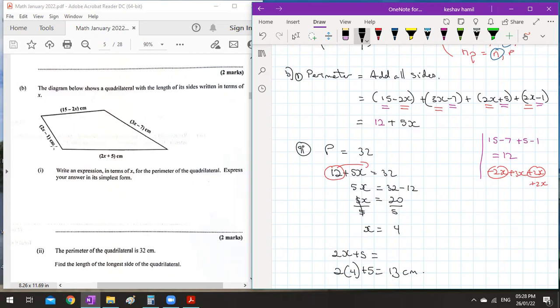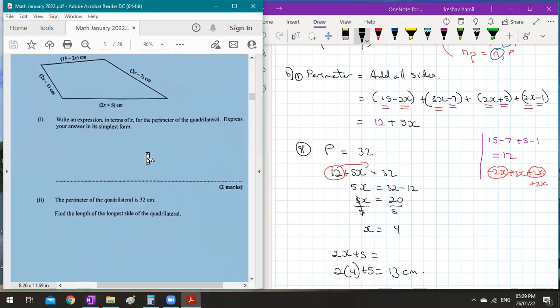And just checking to see if there's a longer side: 2x minus 1, 2x will be 8, minus 1 is 7. 15 minus 2x, 15 minus 8 is 7. Then 3x minus 7, 3 4s are 12 minus 7 is 5. So yes, this is the correct longer side. That's just a way to check.